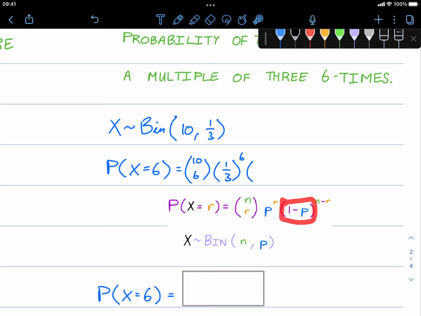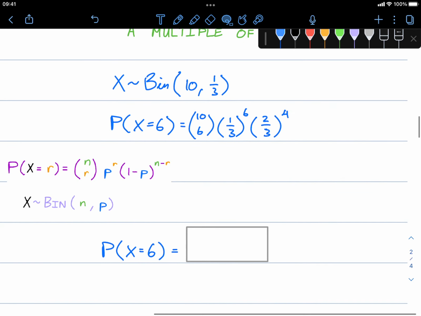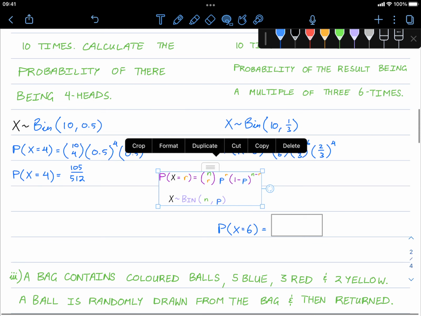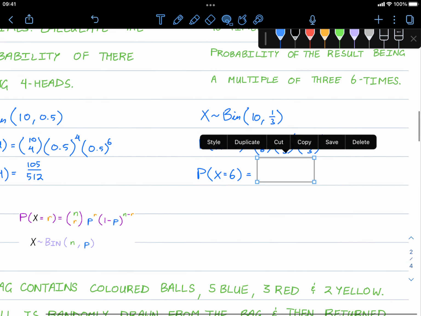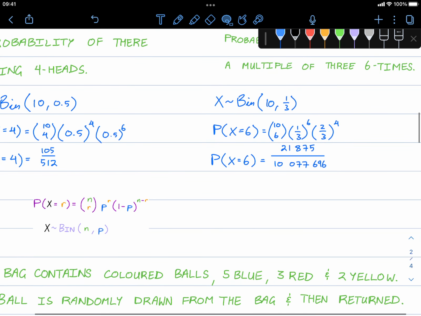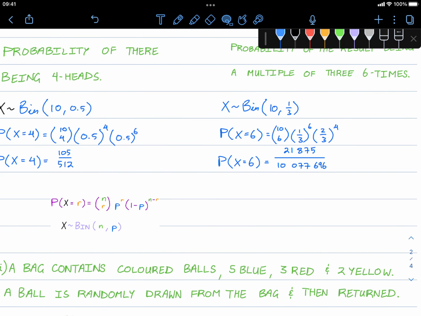And now the probability of failure, so 1 minus 1/3, is going to be 2/3. And remember, the easiest way to figure out what this exponent will be is that these two numbers should add up to 10. So 6 plus 4 gives us the 10. And once again, I'll give you a moment to type all of this into your calculator. The answer you should get for this is this fraction here, or the equivalent decimal.